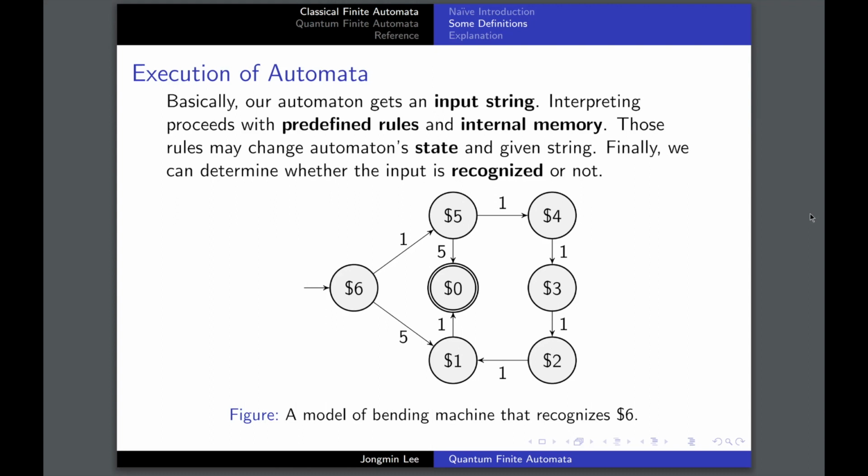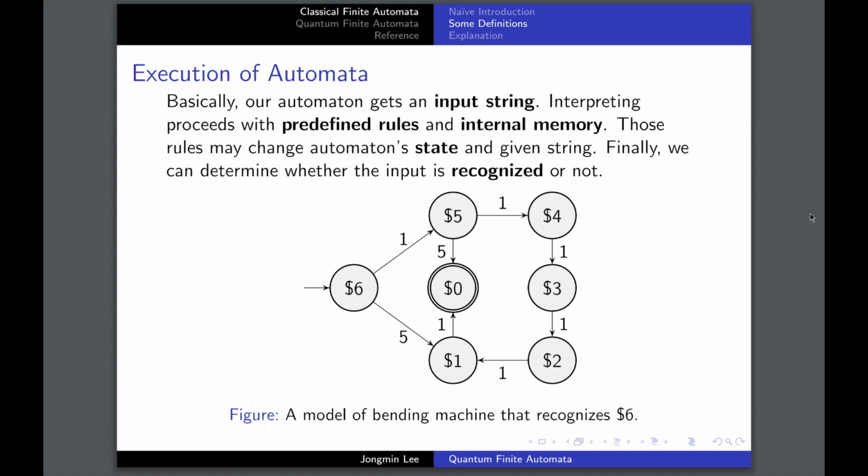This is a vending machine model which accepts $6. If we put in a $1 coin, then the state goes 6, 5, 4, 3, 2, 1, and 0. This is the final state, and this is the initial state. If the automaton gets $5 and $1, then it goes from 6 to 1 to 0 state.